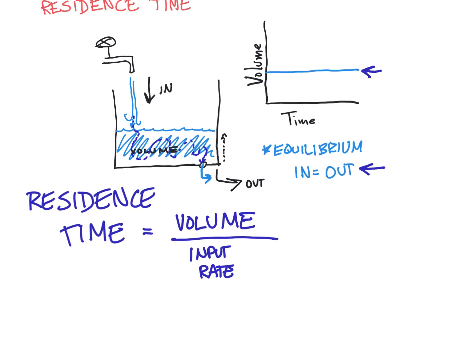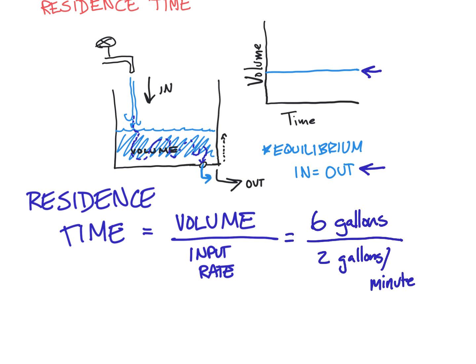So let's just throw some numbers in here. For example, if the volume of your sink, or the amount of water that was staying in your sink, was 6 gallons, and you knew that you were adding water at 2 gallons per minute, right away you can see that the gallons are going to cancel out and you're left with just minutes as a unit, and that's good because we're estimating a time.